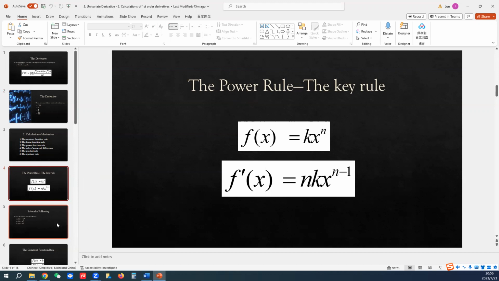Okay, so here, now I'd like to switch to my document camera to demonstrate to you the use of it, why I'm naming this as the most important, as the key rule.